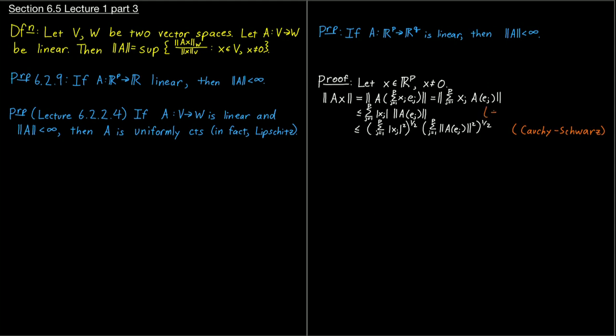This is the triangle inequality. And this is because A is linear. And now notice that this is the norm of X times this annoying sum.